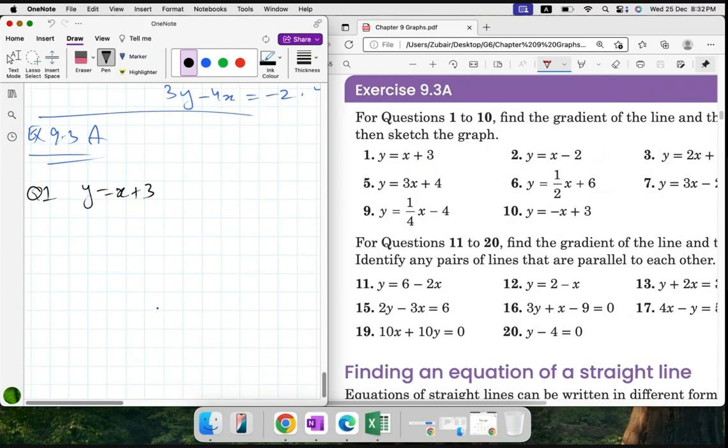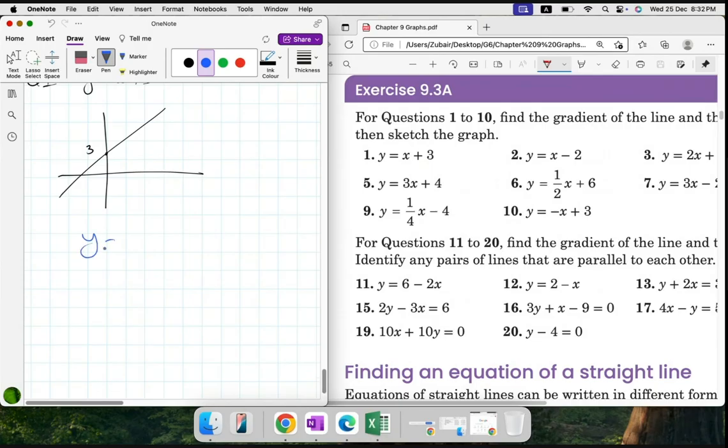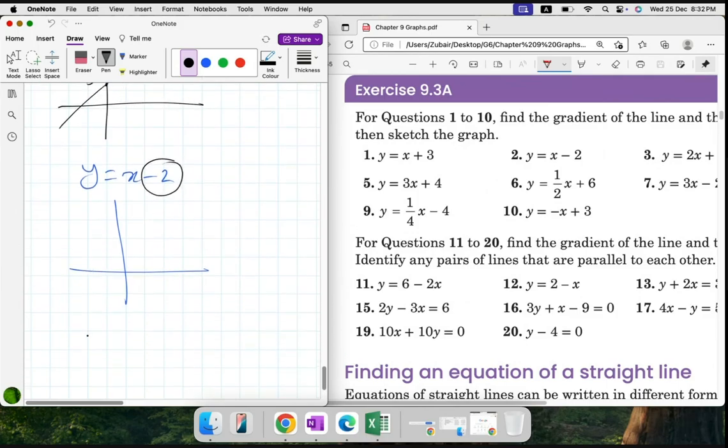We can see the gradient is 1 and the y-intercept is 3. So this is how it looks. It passes through 3. Look at the second equation, y is equal to x minus 2. Again, the gradient is positive 1 and the y-intercept this time is negative 2. So the slope stays positive, but it intersects at minus 2 on the y-axis.